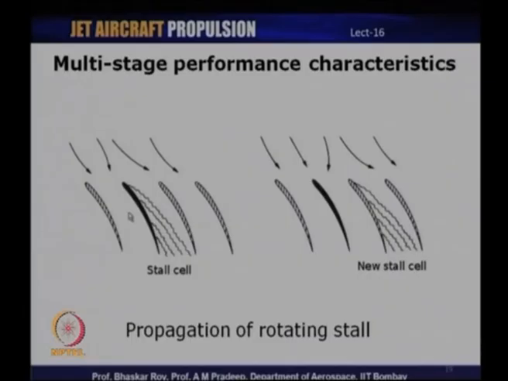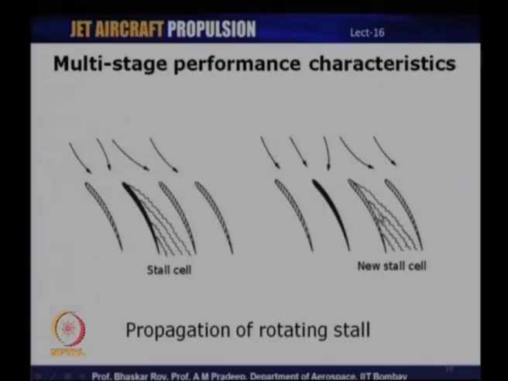So, this stall cell, as you see here, moves towards the adjacent blade, and the new stall is now on this particular blade, and eventually it unloads the previous blade which was undergoing stall. So, this continuously happens, and this stall cell progressively moves around the annulus, and what you can immediately see here is that the direction of rotation of the stall cell is opposite to that of the rotation of the blades themselves.